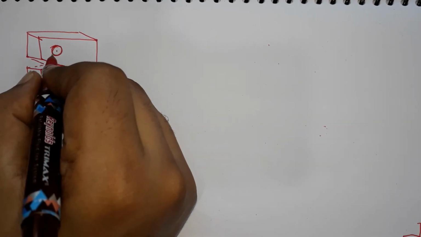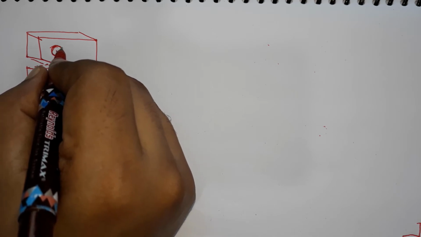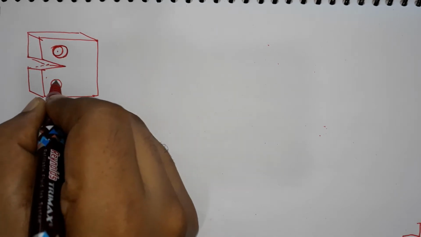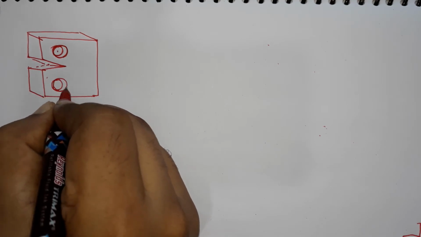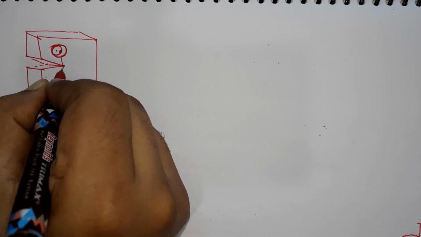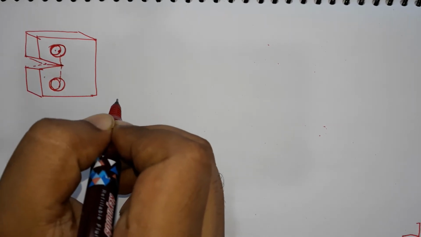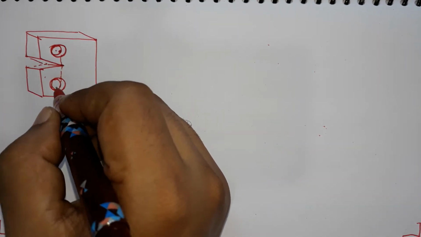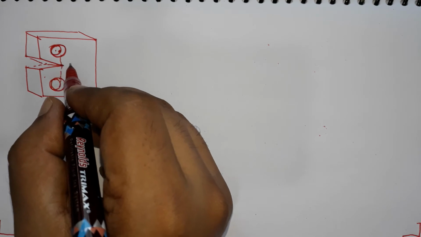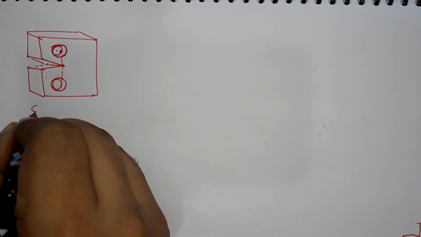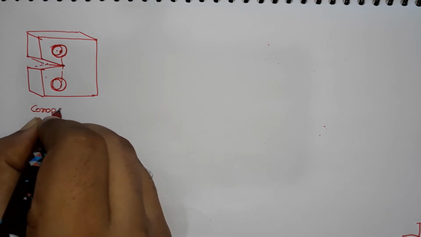So, what I have drawn here is not correct. The hole should have been here, and the center of that hole passes through the tip of the initial crack, okay, and then you pull the upper part, fix the lower part, and you keep on pulling until there is crack growth. This kind of specimen is called a compact tension specimen.